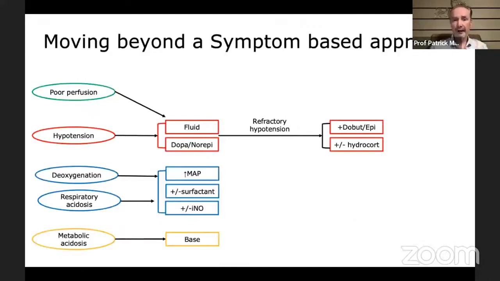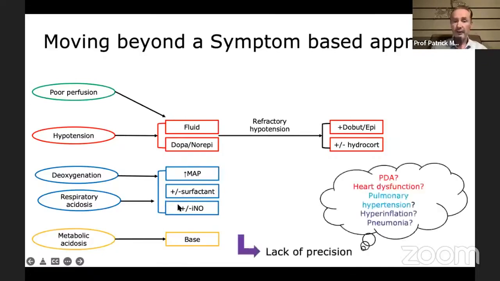So let's look at our reality. And our reality is, for the most part, in most NICUs, in most countries across the world, we provide symptom-based care. Symptoms like hypotension may receive volume or pressors. Symptoms like oxygenation difficulty or respiratory acidosis may require changes to the ventilator, surfactant, nitric oxide, and so forth.